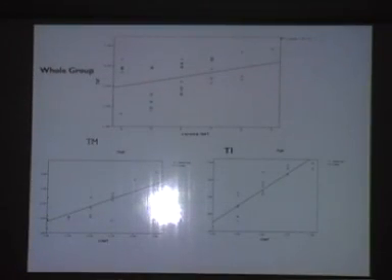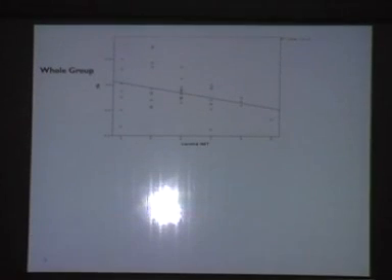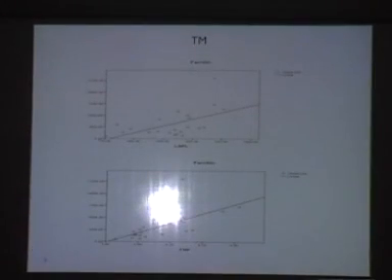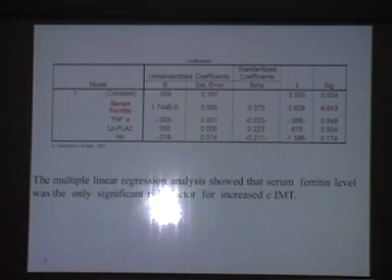The same for tumor necrosis factor alpha, which correlated significantly with carotid intima-media thickness in the whole group and in the subgroups, but correlated negatively with the hemoglobin level in the whole group only. Lipoprotein associated phospholipase A2 and tumor necrosis factor alpha correlated positively with ferritin in the thalassemia major group only. Multiple linear regression analysis showed that serum ferritin level was the only significant risk factor for increased carotid intima-media thickness.